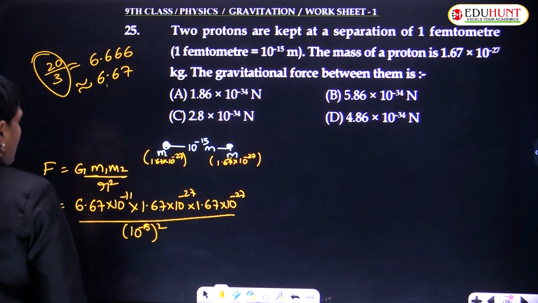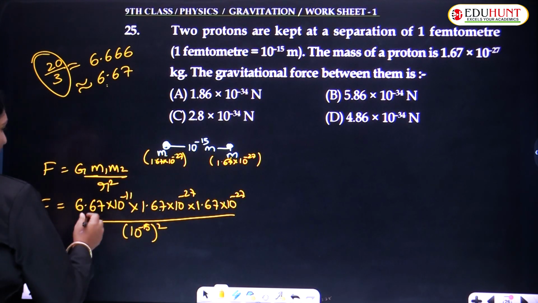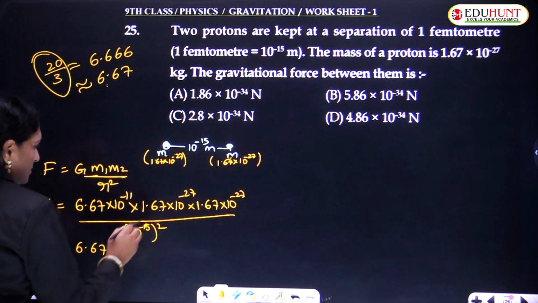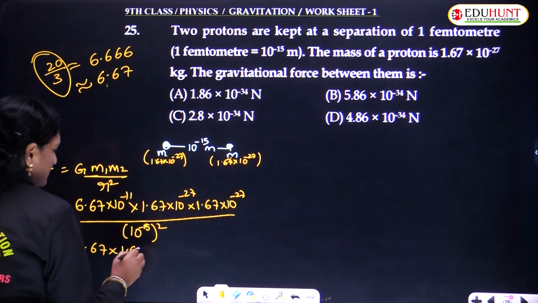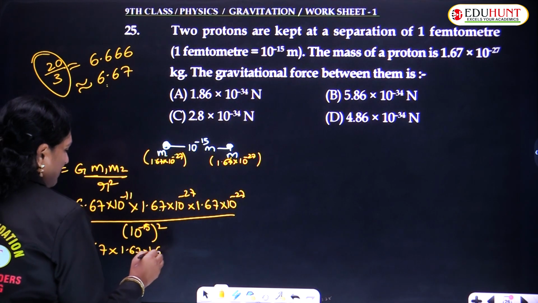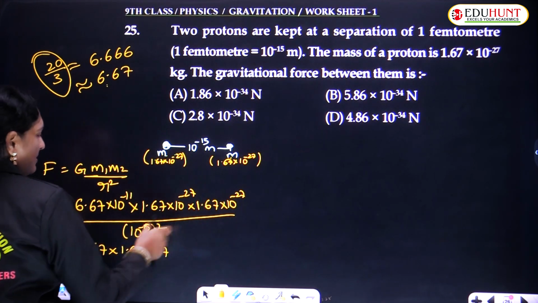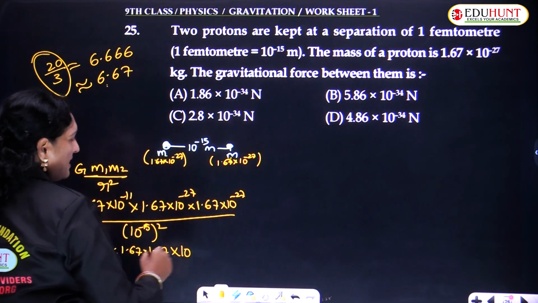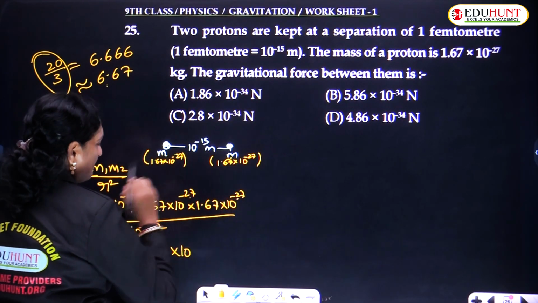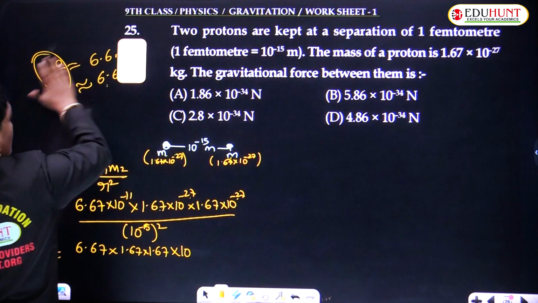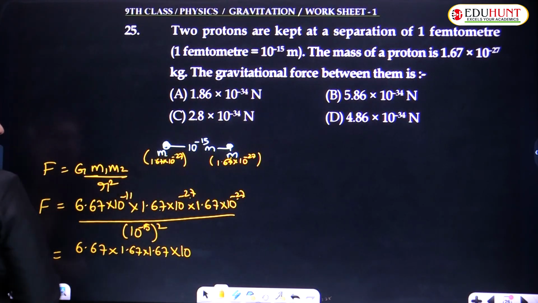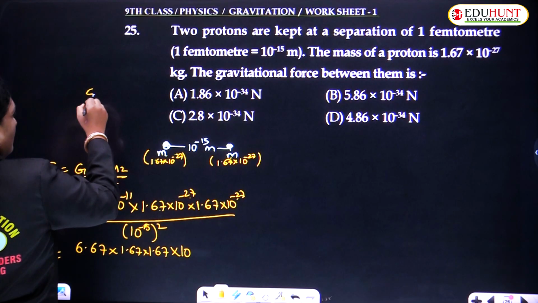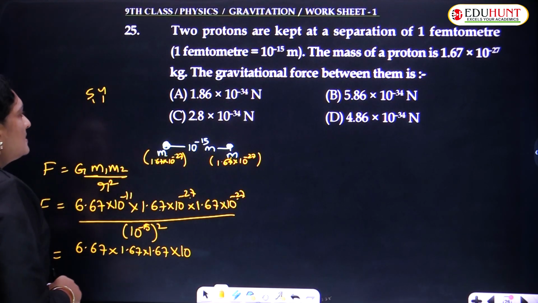So all our multiplication, how much is that? 6.67 into 1.67 multiplied by 1.67. All the numerical values I wrote once, and this is 10 power minus 11, 10 power minus 27 and 10 power minus 27. So what is the value of 27 and 27? It is 54. 54 and 11, how much is that? 65.